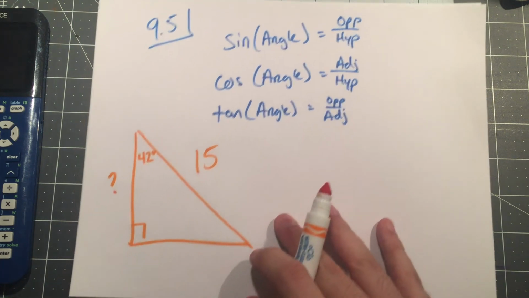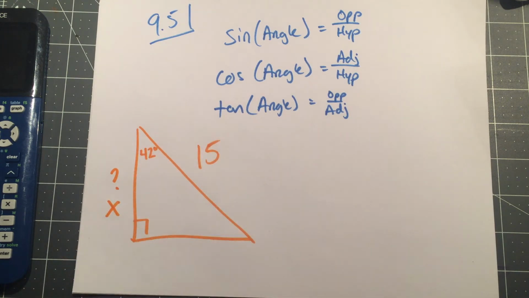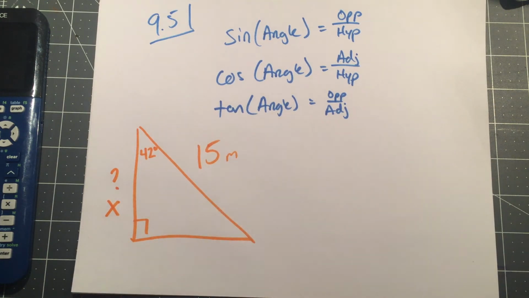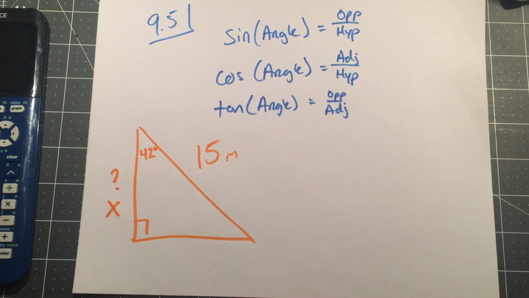We can call it X, we can call it A. If it meant something, a word problem, we could use a variable that helped us remember what that is. We know this is a right triangle, and we have an angle, we have a hypotenuse, we have a side. If we have any two pieces, then we can solve for the rest.